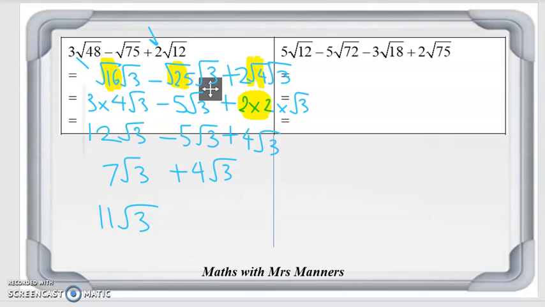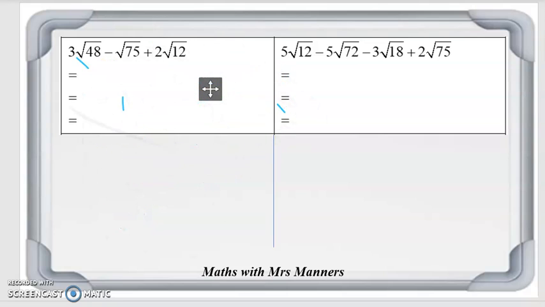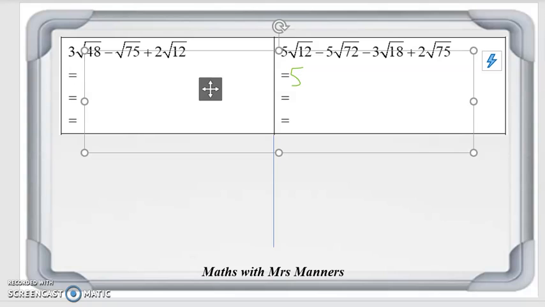Let's quickly have a look at one more. This video is getting a bit long, so I'll quickly go through one more example so you feel confident. Once again, lots of surds to reduce here. I'm going to change the root 12 into a root 4 and a root 3. I'm going to change the root 72 into root 36 and root 2.